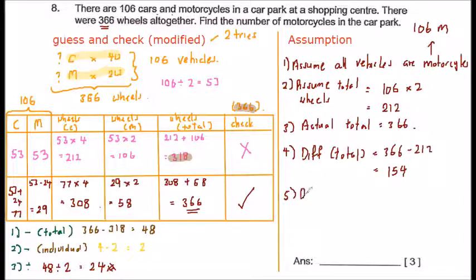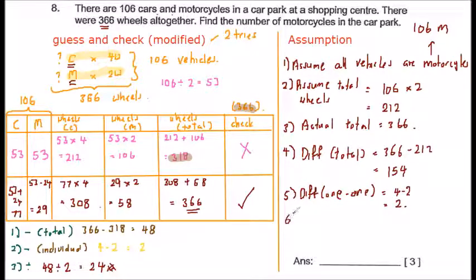Okay, guys, we need to have the difference. We call it the 1 1 difference, or we can call it the individual difference. What do I mean by 1 1? Okay, 1 1 means there's one car, one motorcycle. What is the difference in the number of wheels? So isn't it 4 minus 2 equals 2?